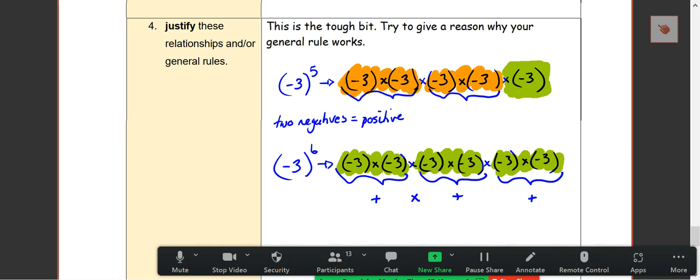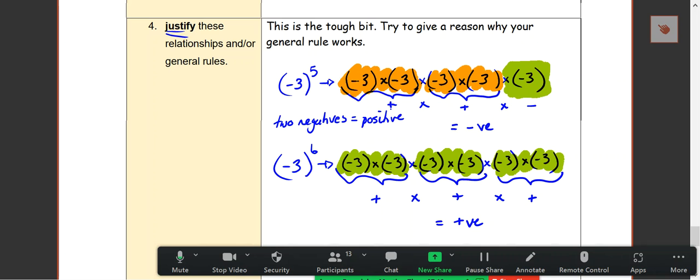And a positive multiplied by a positive will always equal a positive. Whereas in this one, a positive multiplied by a positive, but then multiplied by a negative, will equal a negative. I haven't used many words there, you might want to, but I've used diagrams nicely. So I have justified why my rule would work.